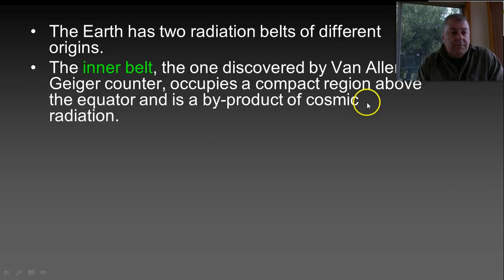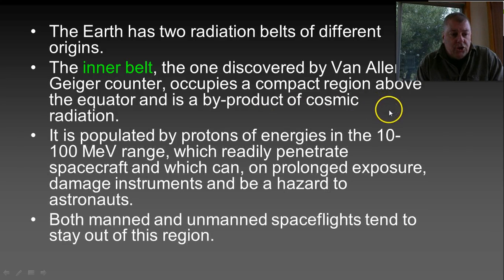The inner belt was the one mainly discovered by the Geiger counter of Van Allen's satellite, and it's a byproduct of the cosmic radiation. It's populated by protons with energies from 10 to 100 mega electron volts, which we should understand is fairly energetic, but not as energetic as it could be.